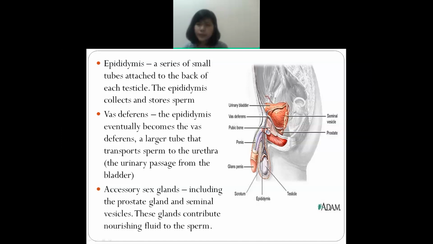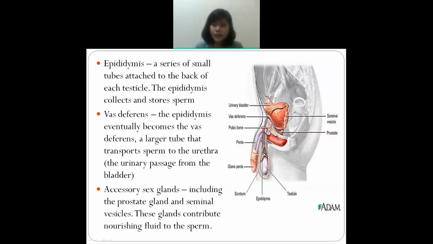There are two testicles, one on each side, right and left, and an epididymis is attached to each of them.